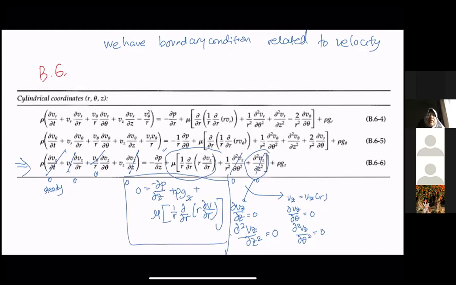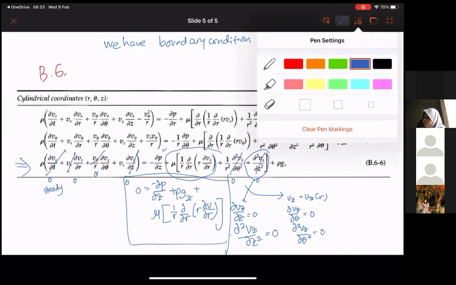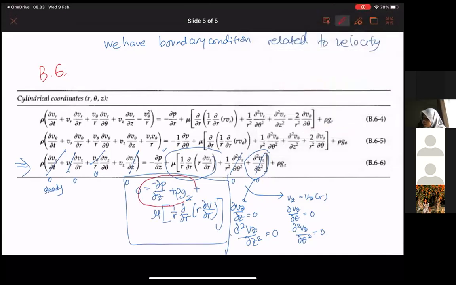Once you get this, this is the equation, and after that you just need to rearrange them. If you remember in the shell balance, they combine them together into something like P minus rho g h. That's fine as well.